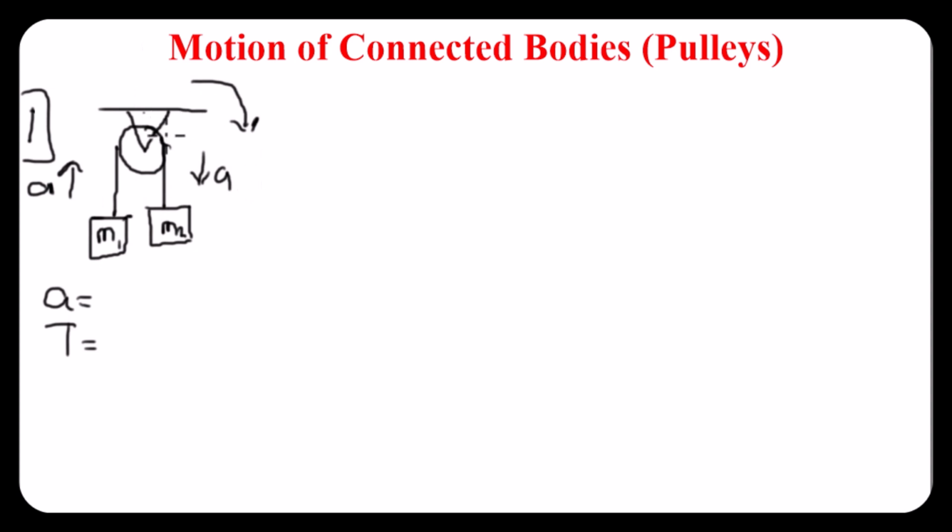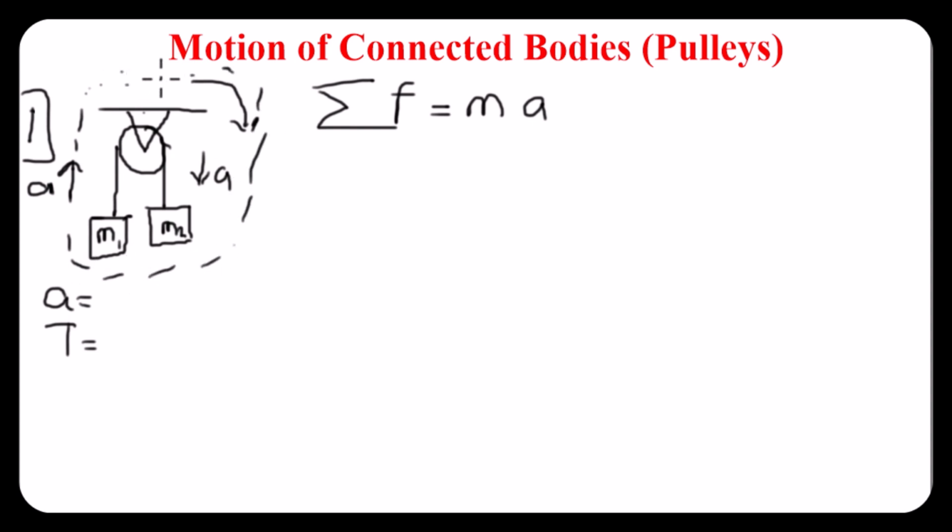Now that we've picked a direction, we can apply Newton's second law, the summation of the external forces being equal to mass times acceleration. We're going to be looking at this system as a whole, and drawing a free body diagram that would let us recognize all the external forces acting on these two masses.